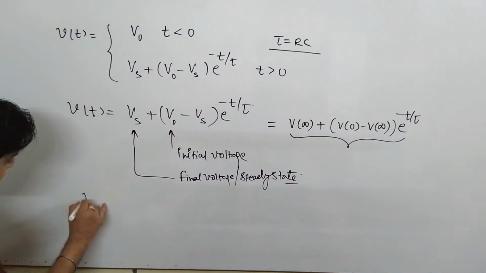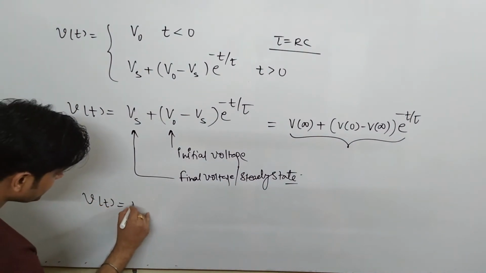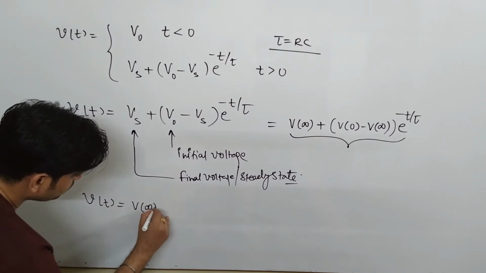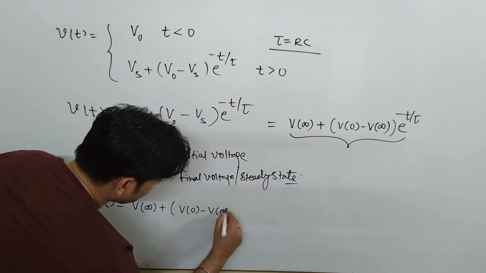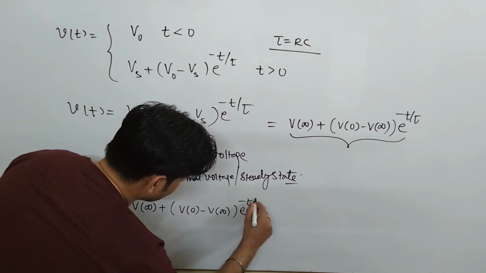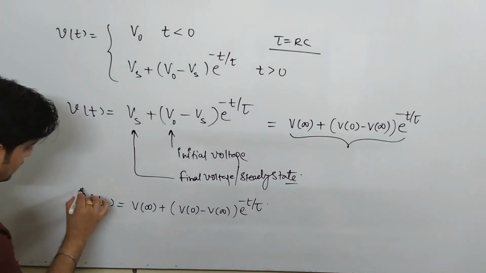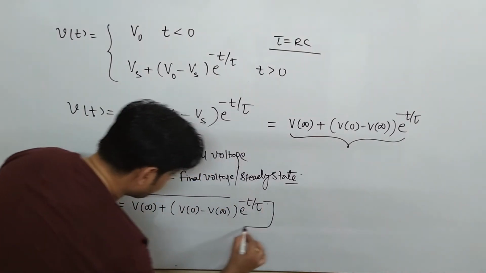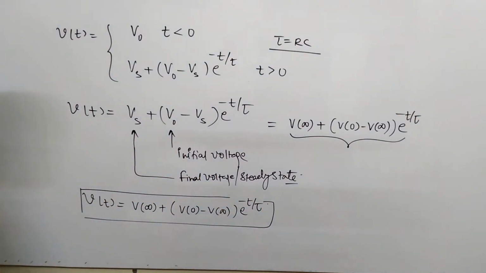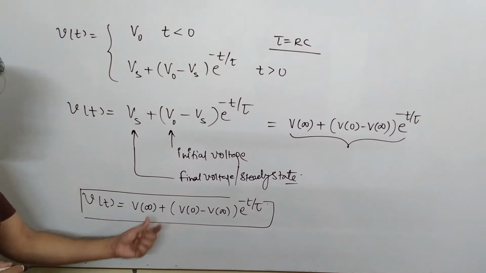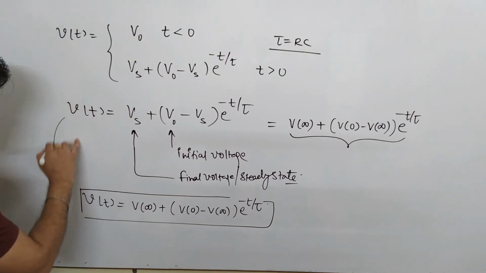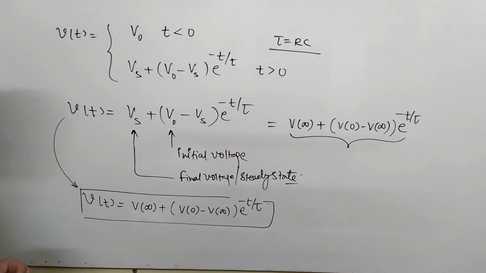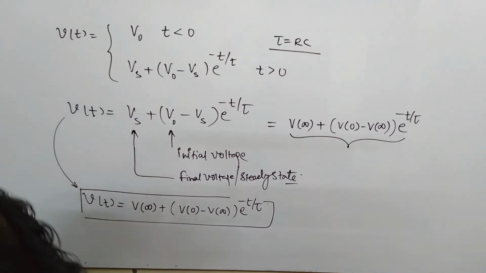So finally, this is the value of your Vt across the capacitor, and based on this formula we will solve all our problems. Just keep in mind, this is the voltage Vt, which is also represented in this form. This is just a symbolic notation.